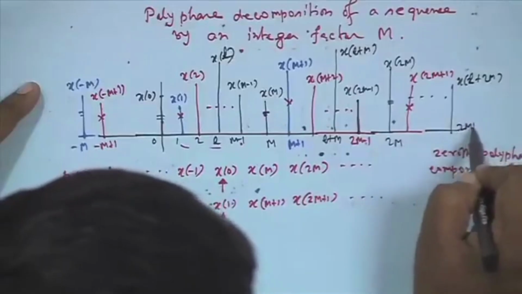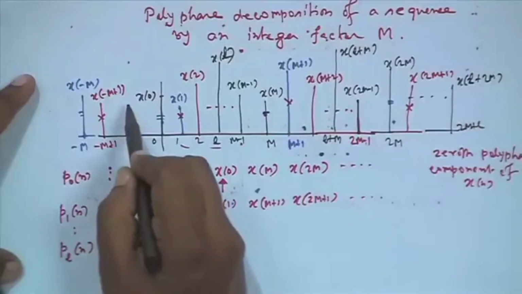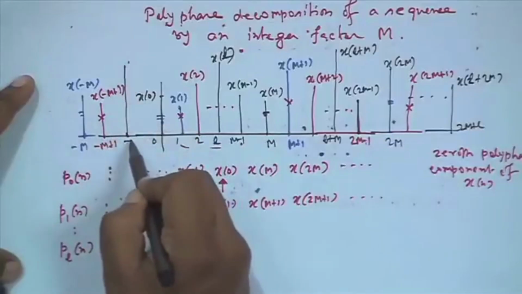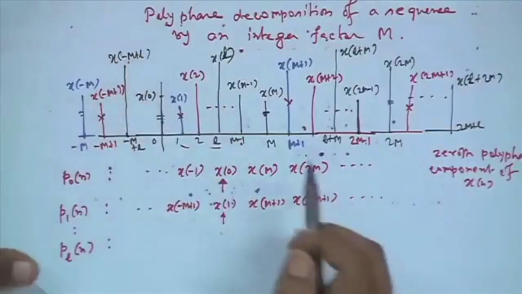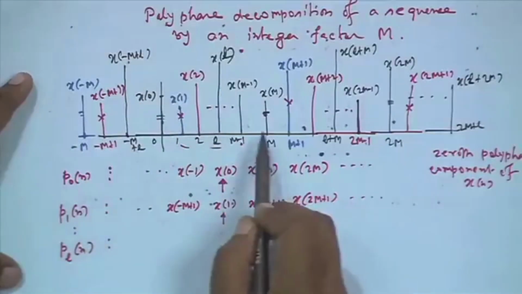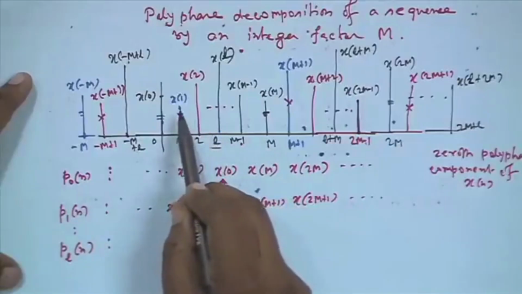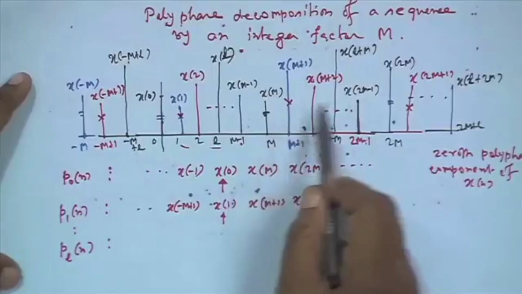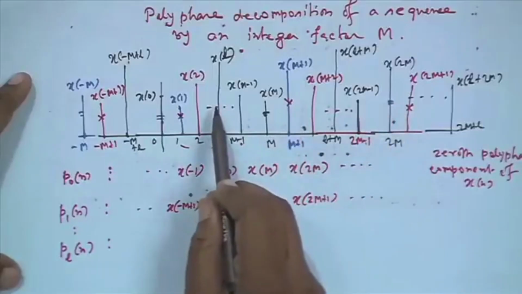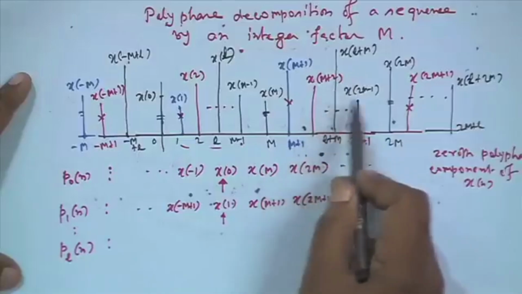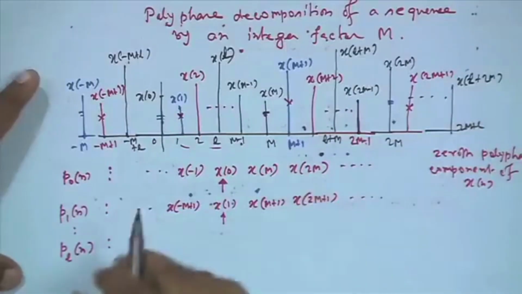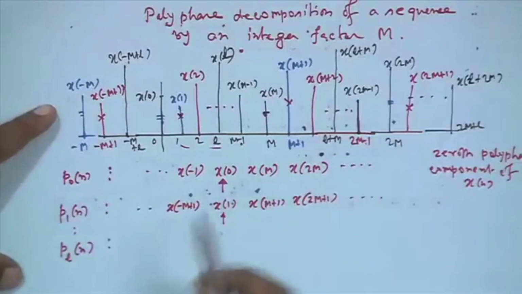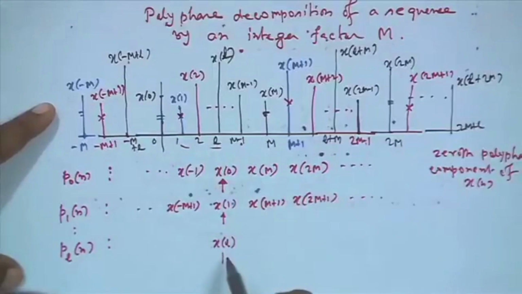Here also x minus m plus L. That is a general case. L could have been 0, that is P0n. L could have been 1, so I take x 1, then here x m plus 1, like that. L is general L: x L, L plus m, 2m plus L, minus m plus L, like that. So, again I construct a sequence using them, but x L will not be the Lth sample here. Again I will put it at the origin in my new construction.